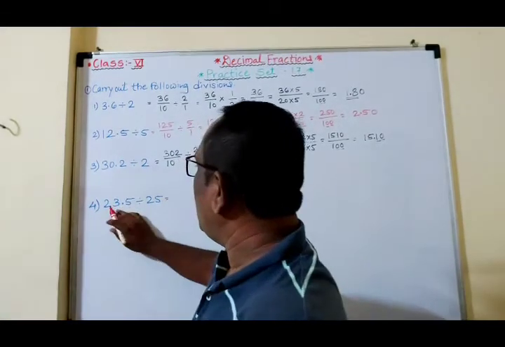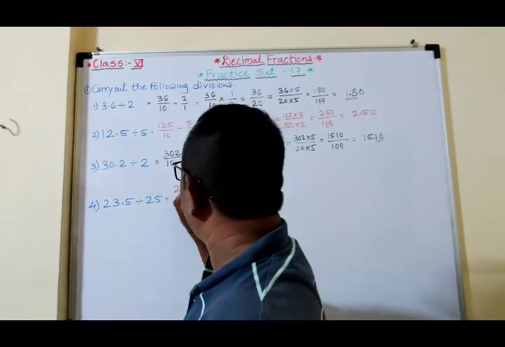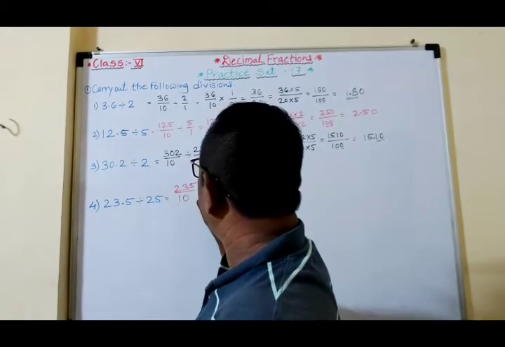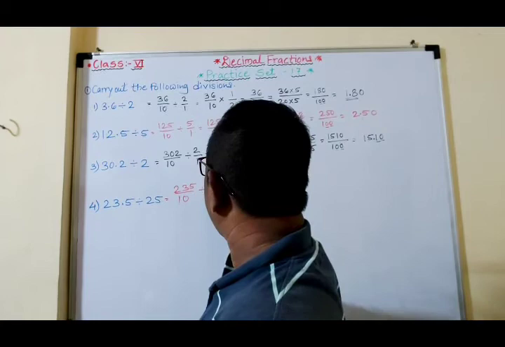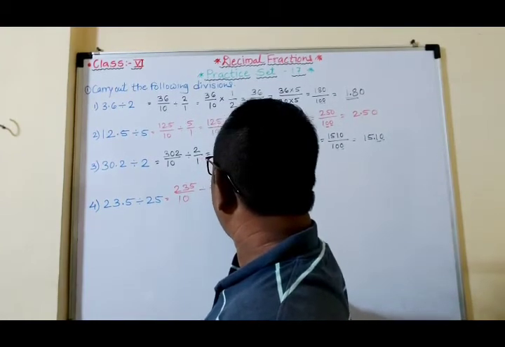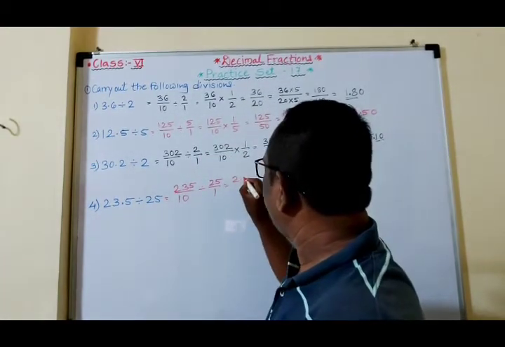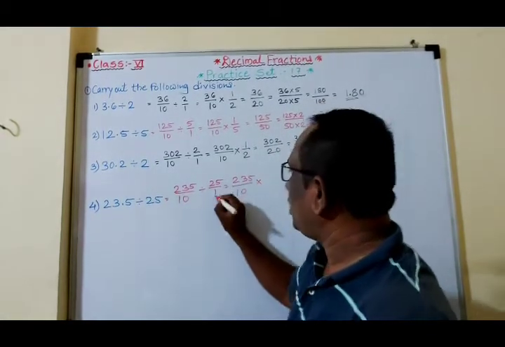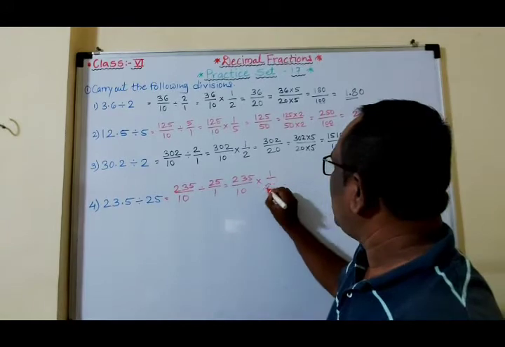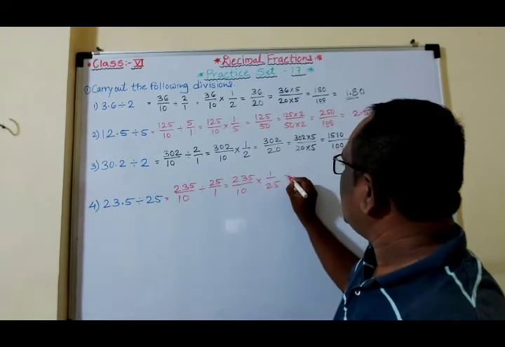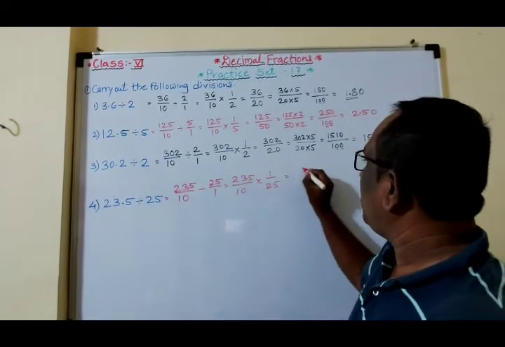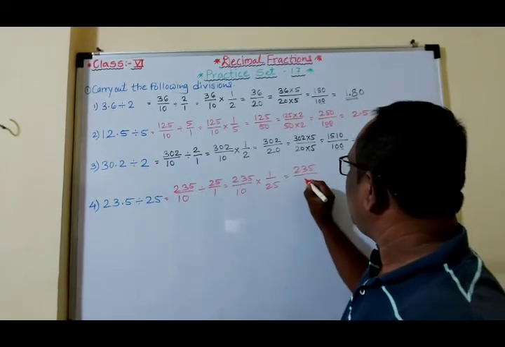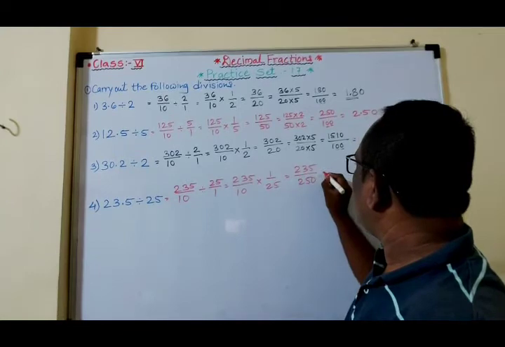Again equal to, first write in the form of fraction 10 divided by 25 upon 1. Now again write the first fraction as it is, 10, then we have to write the reciprocal of 25 upon 1, that is 1 upon 25, then is equal to 235 multiplied by 1, that is 235. 25 tens are 250.